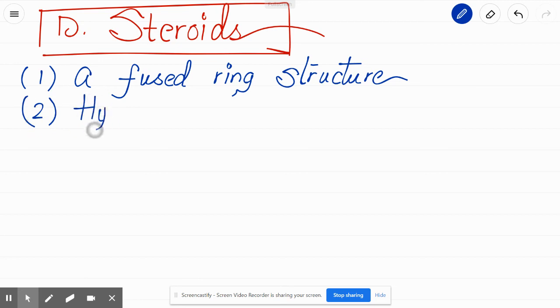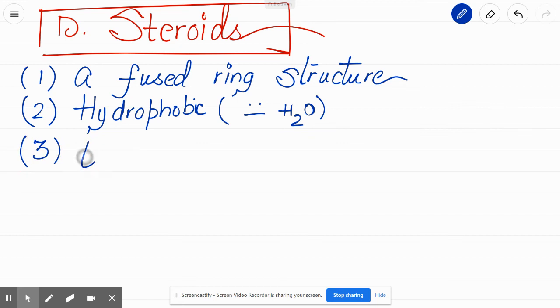Next is they are hydrophobic in nature. And then we'll take a look at examples.